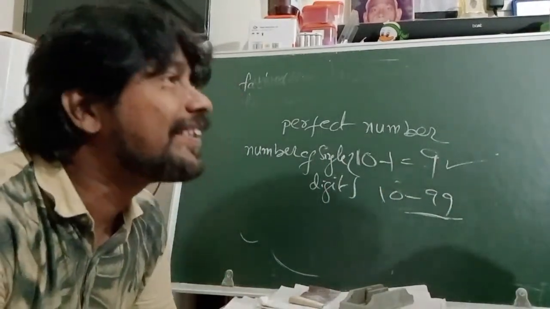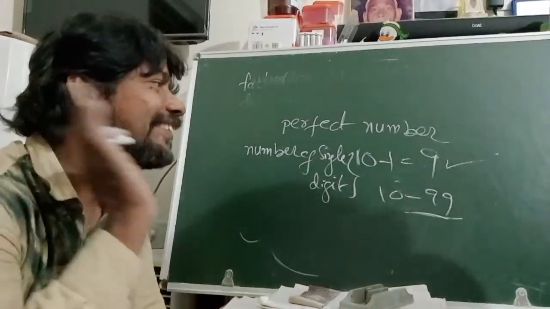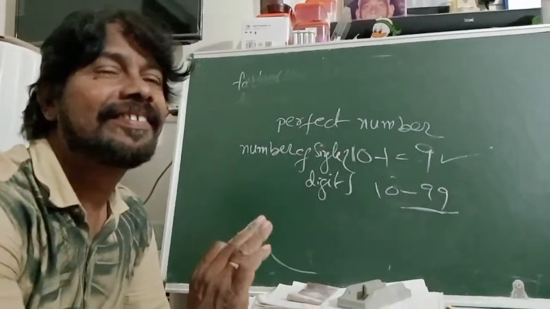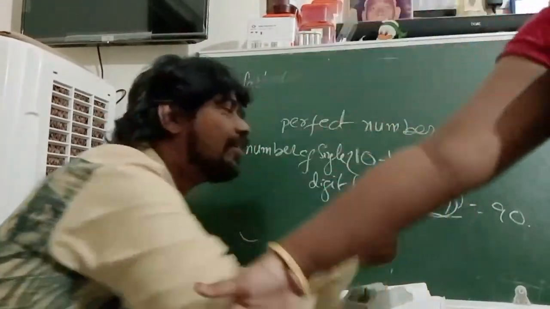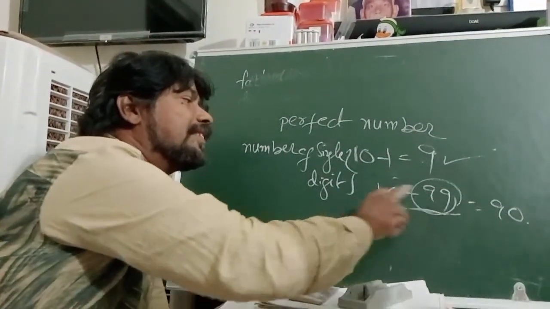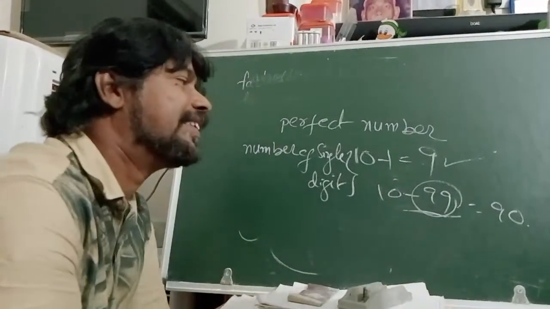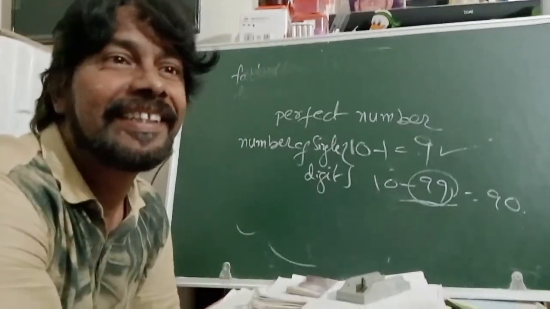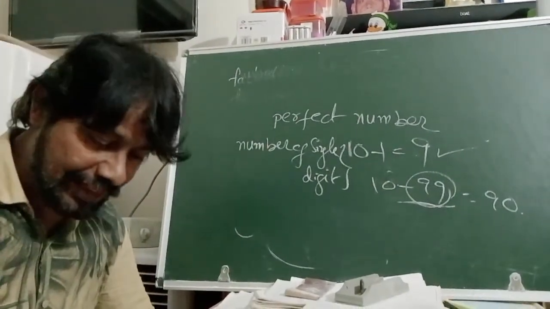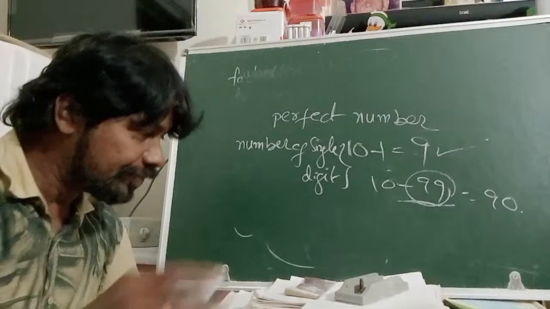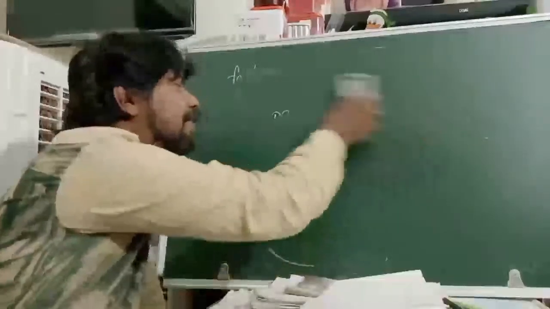So totally 90 numbers we are getting. How? 99 minus 10 is 89, 89 plus 1 is 90. So these are the some of the properties.